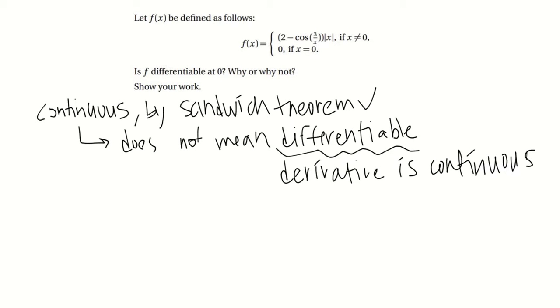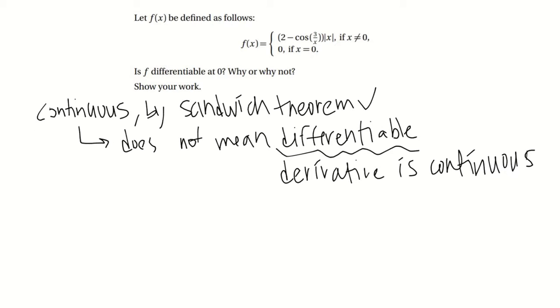That means, does the derivative exist everywhere? And to do that, we're going to use the limit definition of the derivative, or the difference quotient definition of the derivative. And the point that we need to check is this point that could be a discontinuity, the point 0. Okay, so that's the point we're going to check.